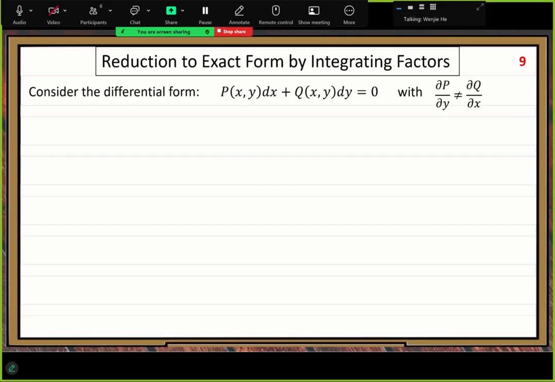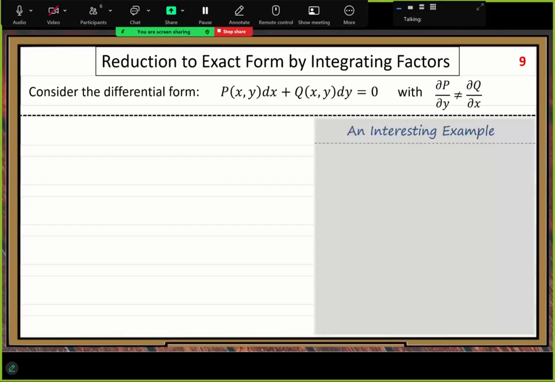Here we assume partial P over partial y is not equal to partial Q over partial x. Before we work on the abstract formulas, which are very abstract when we do computation, in order to make you feel more comfortable, we want to work on a simple, concrete example first.